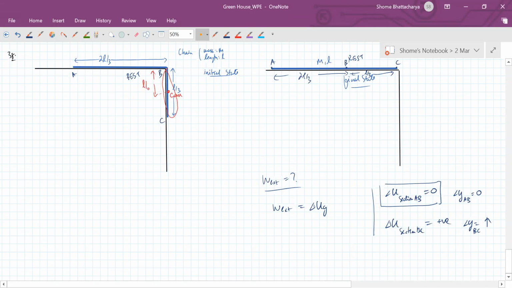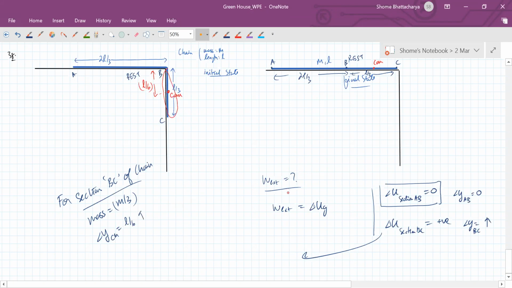So it is at L by 6 below this level, and now it has reached here. Of the chain, you can see the mass is m by 3 and the vertical displacement of the center of mass is how much? It is L by 6 upwards, because the center of mass is at the midpoint.